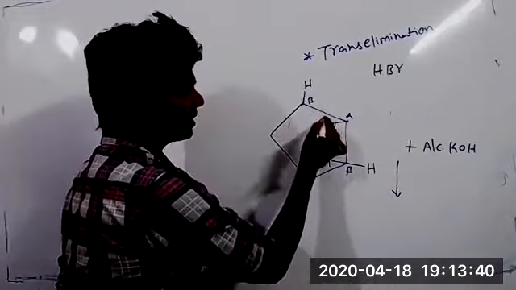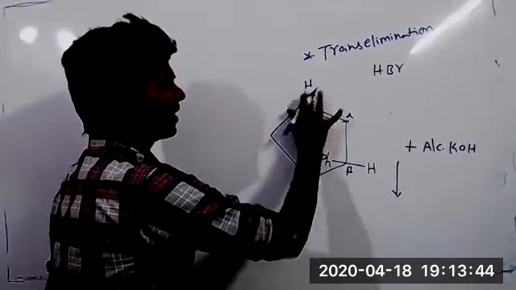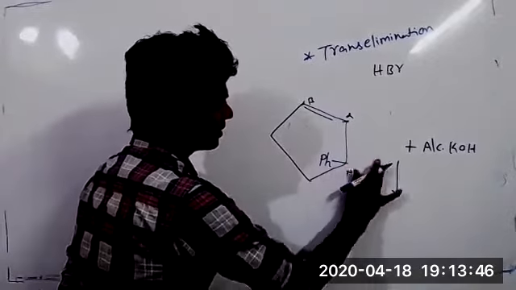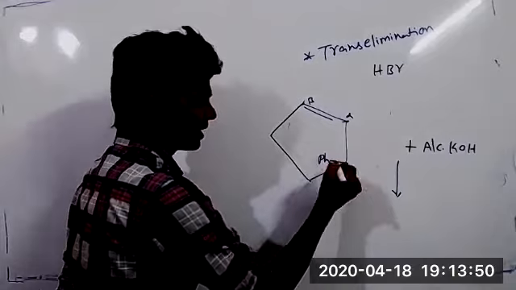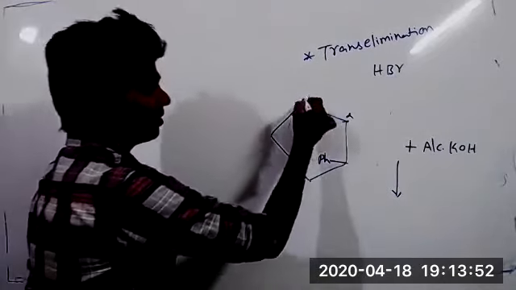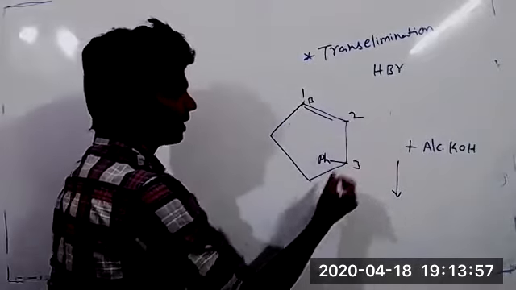Now the product has a double bond here. No need to write all the hydrogens. Now the final product is, phenyl is inside only. Now give the IUPAC name. The double bond we give first position, and then 2, 3.